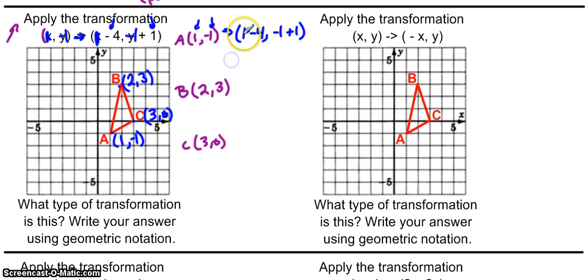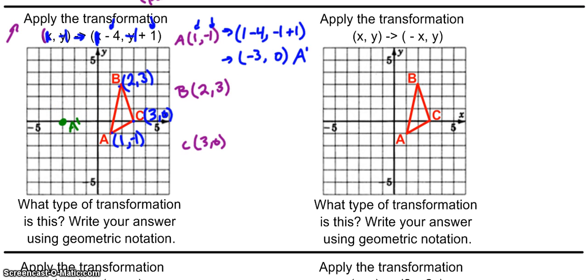Okay, and so we can simplify this. 1 minus 4 leaves me with -3 for x, and -1 plus 1, well, that's 0. This will be where A prime is on the graph. And so I can go ahead and plot the point for A prime at -3. Let's see, -3, 1, 2, 3, 0, so it won't move up or down. And that is where A prime will be.